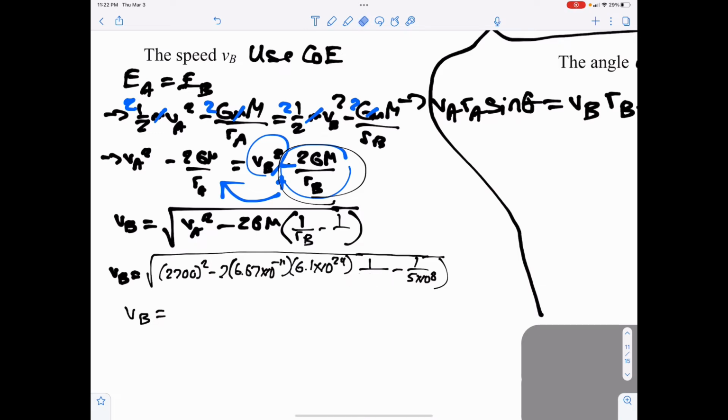So that was my obvious check that I did something wrong. Hopefully you noticed the same thing. There we go. Okay, now try and plug that in your calculator. We should have gotten about 900 meters per second.